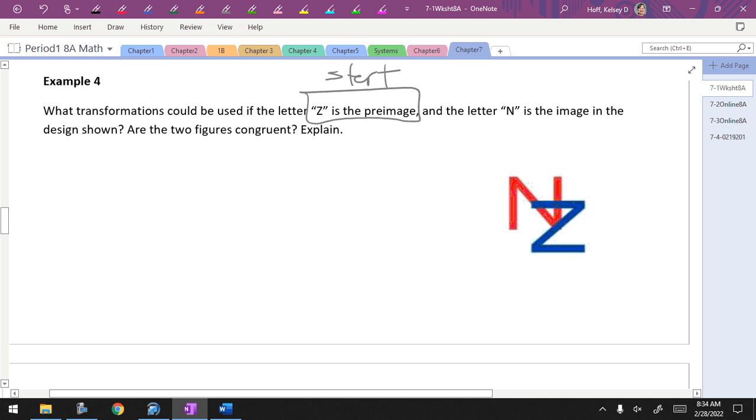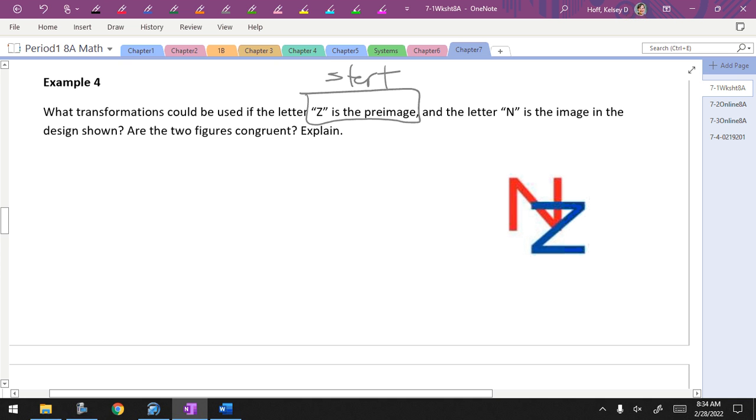Somebody I haven't heard from, can you tell me what you wrote for your answer on example 4? Zayden. I guess they are congruent because of Okay. Do you guys agree with him? If you spin it and then you might have to slide it, I like how you included that translation. 100%. Okay. Great answer. Yes, they are congruent.